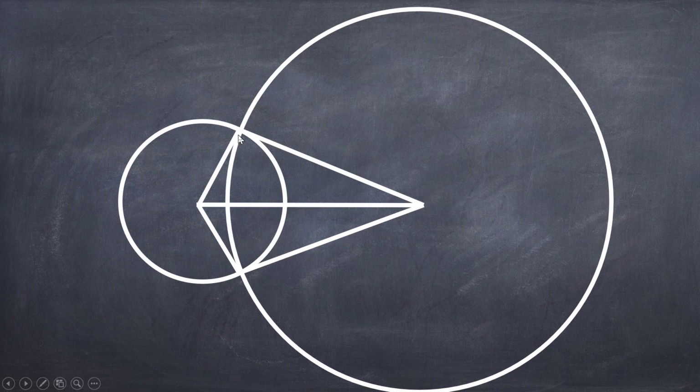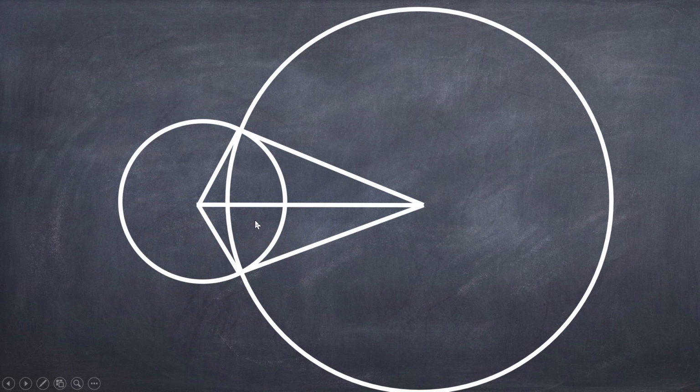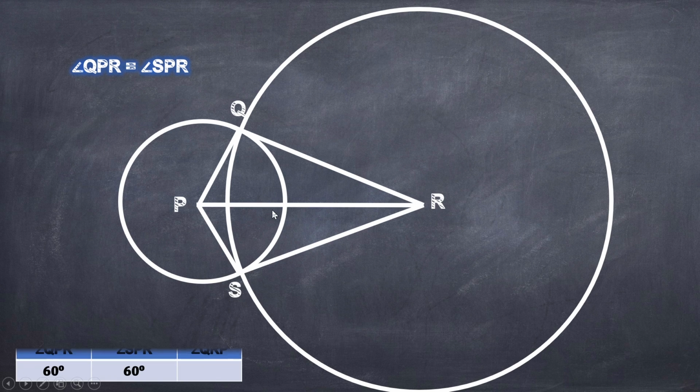Then I also label from below, and the reading is also 60 degrees. So angle QPR and angle SPR are equal.